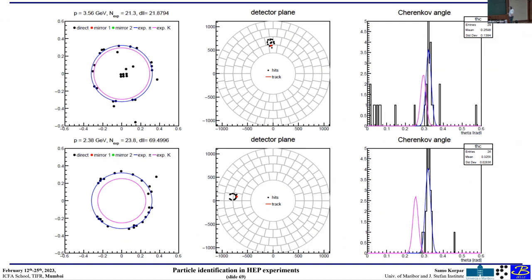And here you can see also the expected angular distribution and the measured distribution for pion and kaon. And this is actually at 3.5, 3.6 GeV, close to the limits of the operation. And this is at lower momentum at 2-point-something GeV. So you can see that these rings are nicely separated, and this is how it looks on the focal plane.